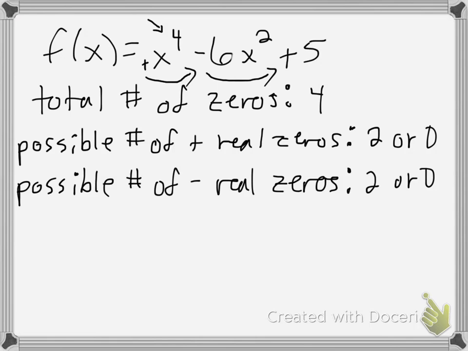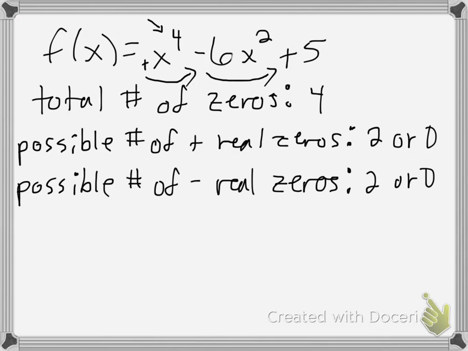I can only have a positive number or 0. So here I just counted down until I got to 0, so it was 2 or 0. If I had a possible number of positive real zeros being 5, then it would be 5 or 3, which is 2 less than 5, or 1, which is 2 less than 3. So hopefully that clarifies some things. If you're still not understanding that, please make sure you're asking.